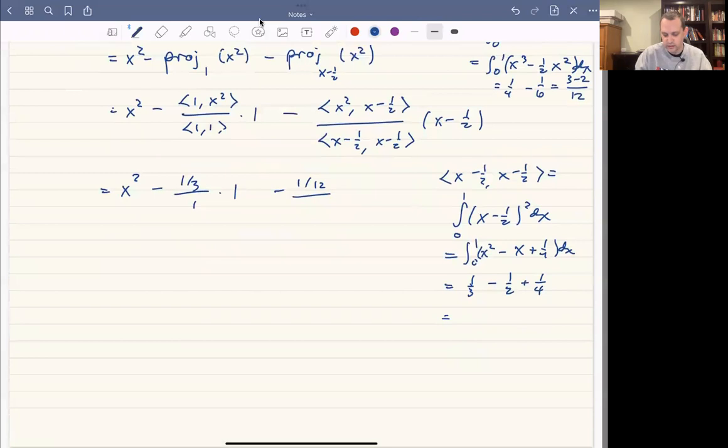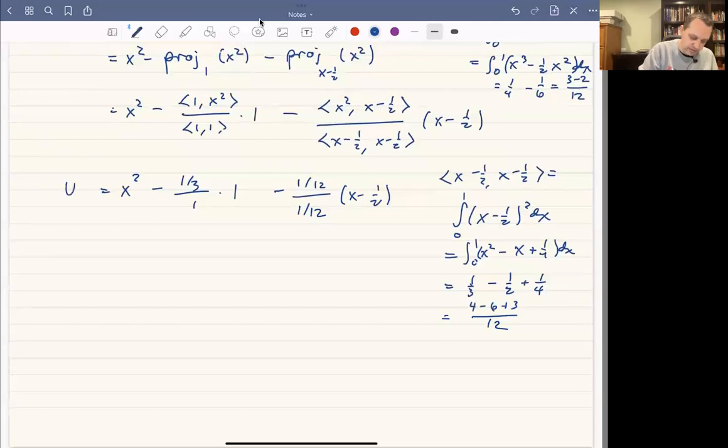It looks like 12ths again. So this is going to be 4/12 minus 6/12 plus 3/12. And so that also happens to be 1/12. Okay, let me just check that I did that right. Yep. And so minus 1/12 over 1/12 times X minus 1/2.